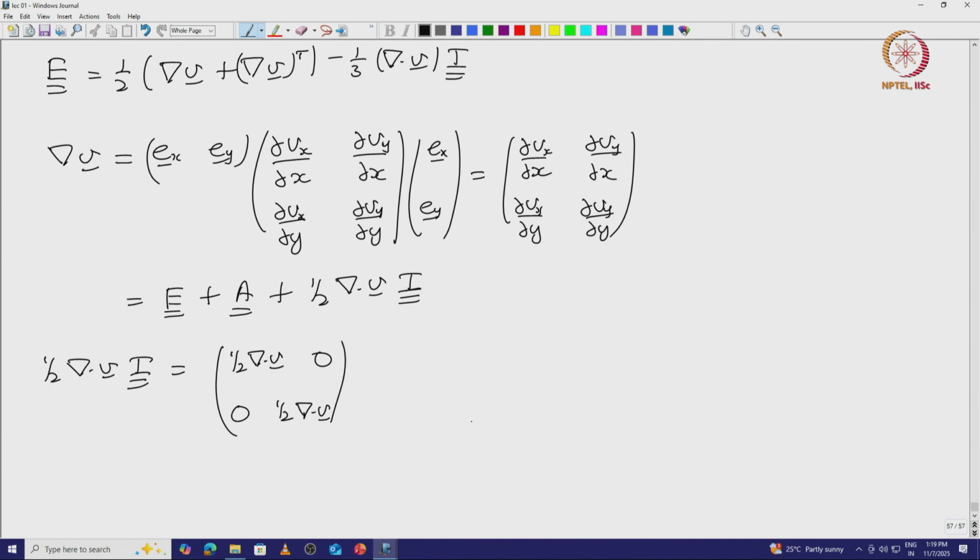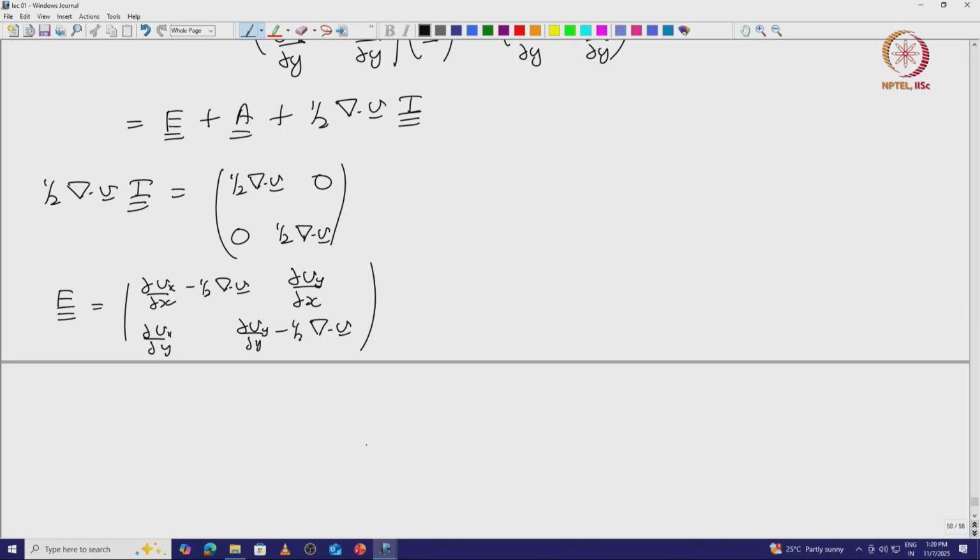The second component, the extensional strain, is going to be equal to the symmetric traceless part of the rate of deformation tensor.